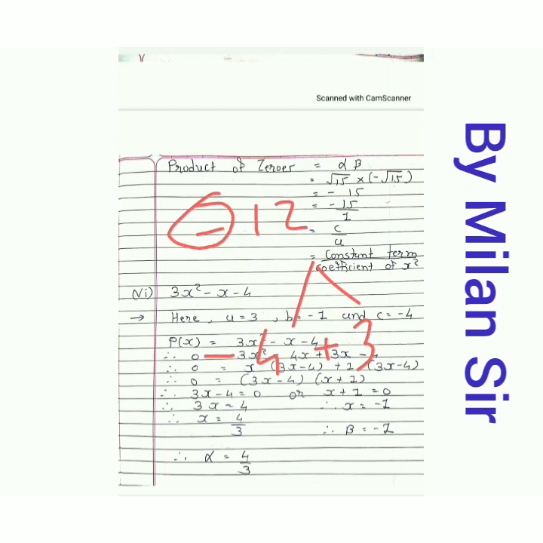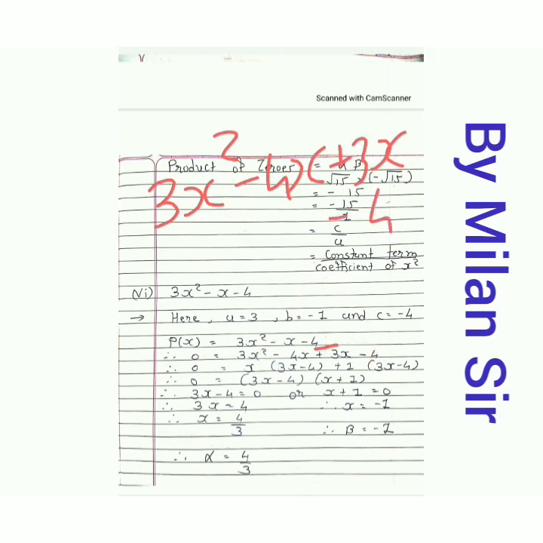So our first term as it is, that means 3x square. Then we need to write these two factors, minus 4x plus 3x, and the last term again as it is, minus 4. Okay, so this is our second line. Then in the third line, 0 is equal to, now take the common part.